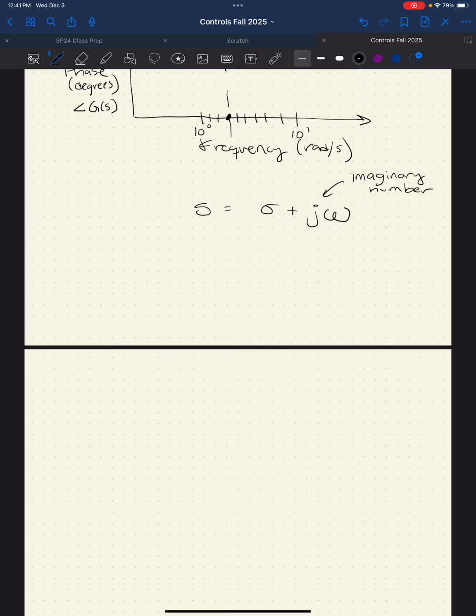We call sigma the real component, and we call omega the imaginary component. This is what we call the rectangular form of a complex number. The polar form instead says that there is some magnitude and some angle, where the magnitude m is the square root of sigma squared plus omega squared.